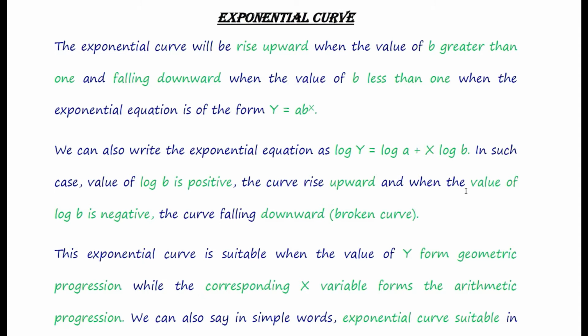In exponential curve, the mathematical equation is of the form y is equal to a b to the power x. In this type of equation, when the value of b is greater than 1, the curve rises upward, and in case of value of b less than 1, the curve falls downward.